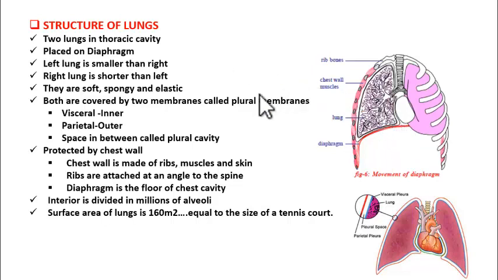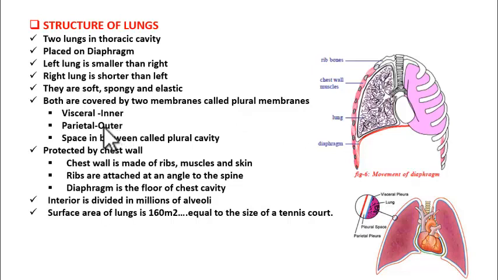Yes, we should learn. Next, these lungs, they are soft. Chala soft ga untayi. Spongy means air filled and elastic. Because they are very soft, they need protection. And lungs are covered by 2 membranes called as pleural membranes. They are protective membranes. And what are the membranes? Visceral membrane, parietal membrane.